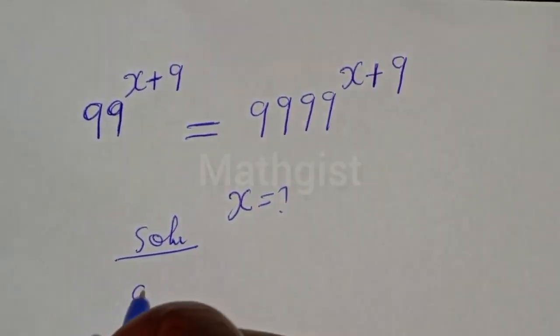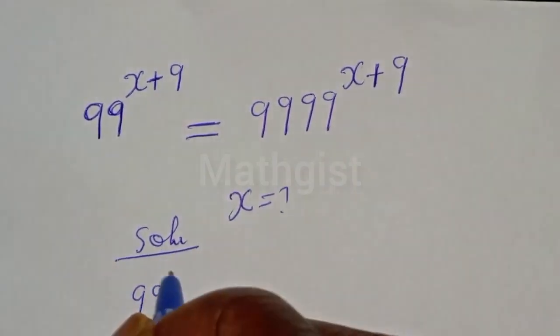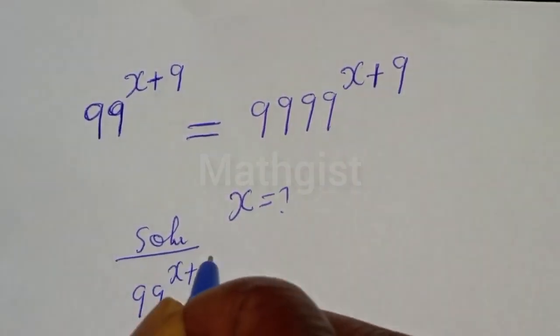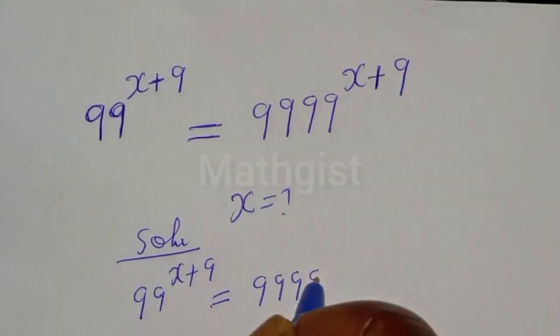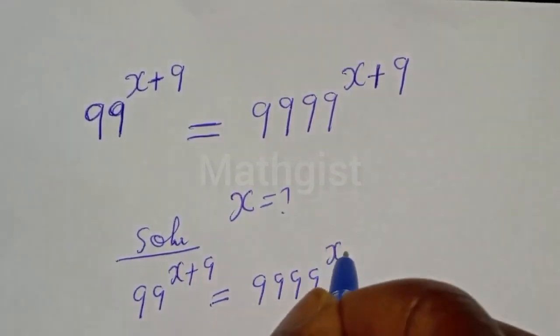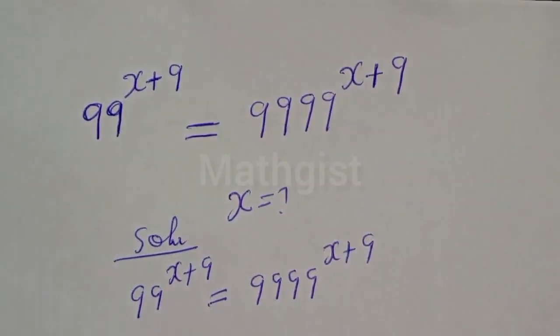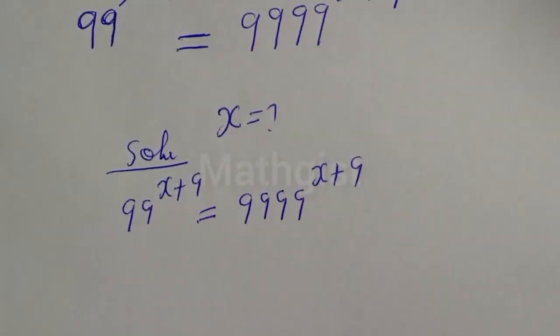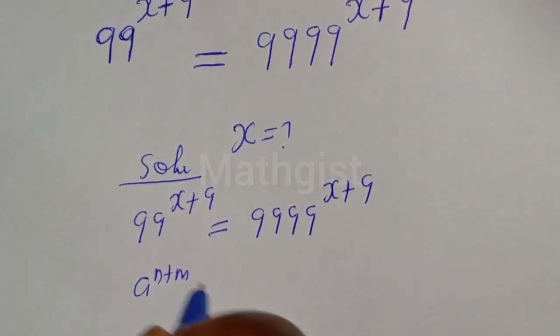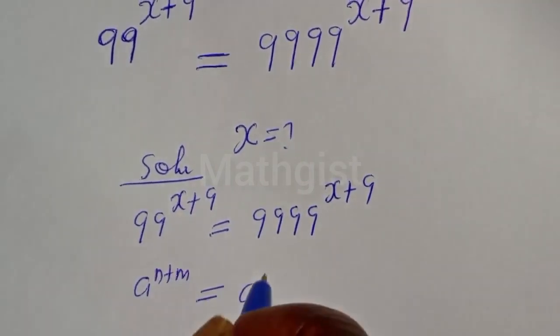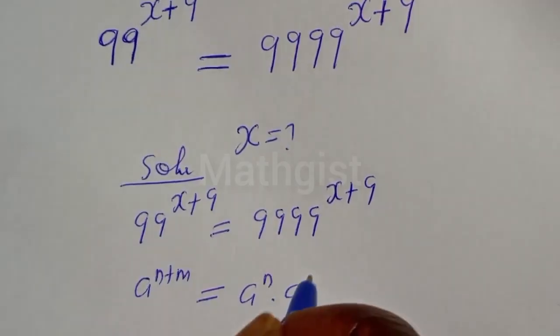We have 9 raised to power s plus 9 is equal to 99 raised to power s plus 9. If you have a raised to power n plus m, this is equal to a raised to power n multiplied by a raised to power m.